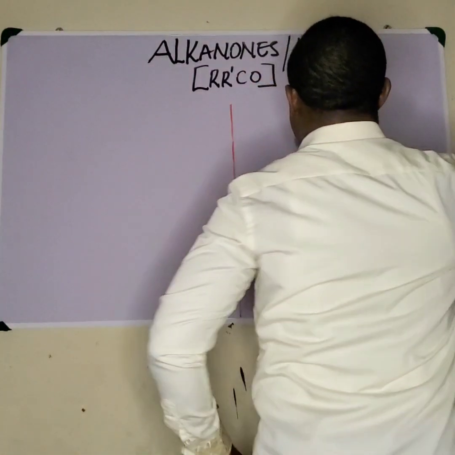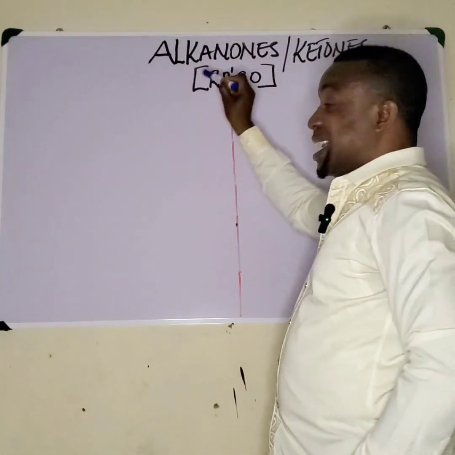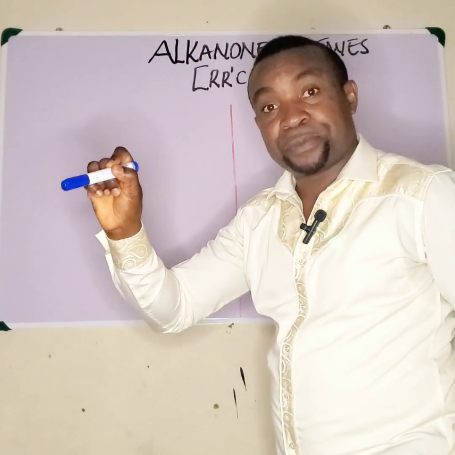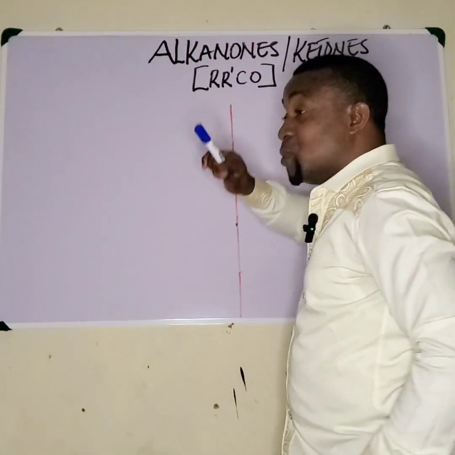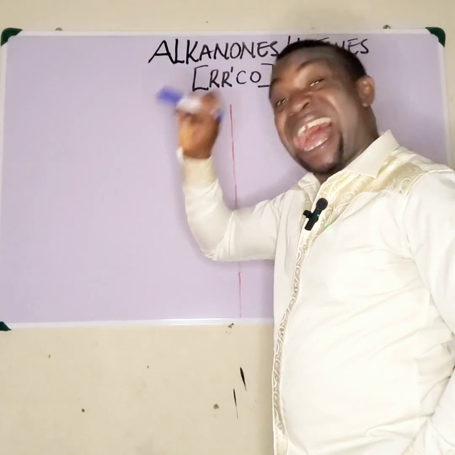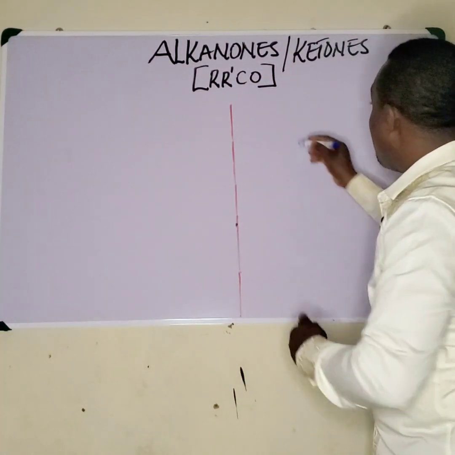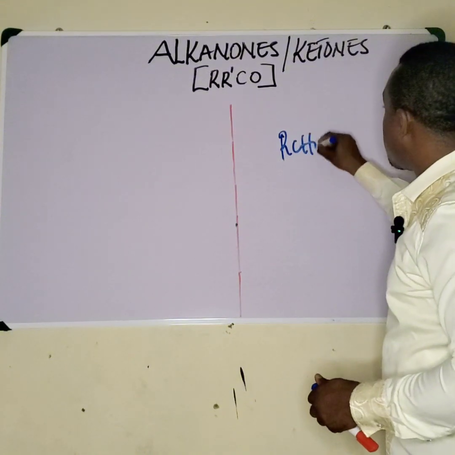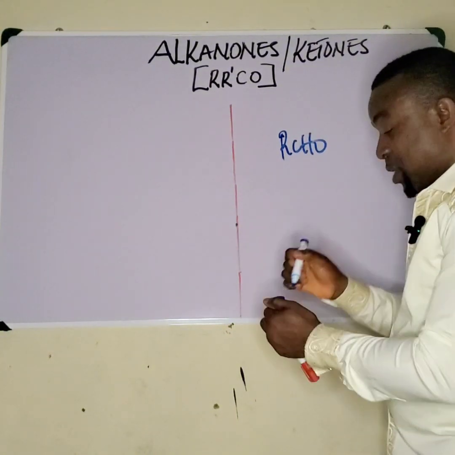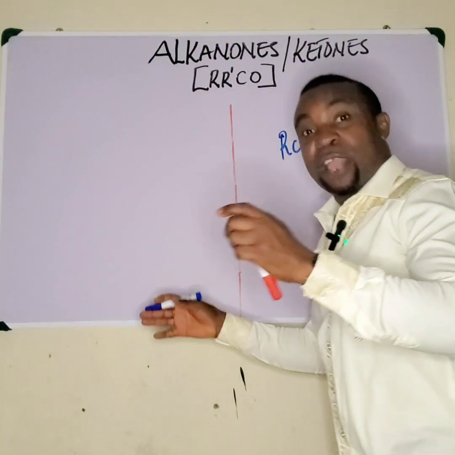And you see that O is directly bonded to carbon, which can be easily used to differentiate them from alkanals. In alkanals, we have the general formula RCHO, where R represents the alkyl or the phenyl group.